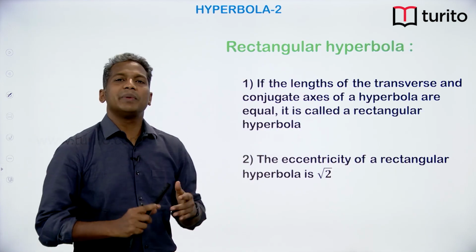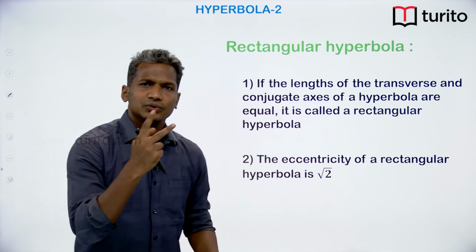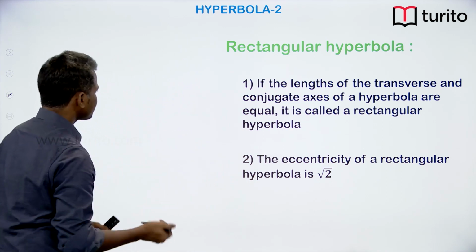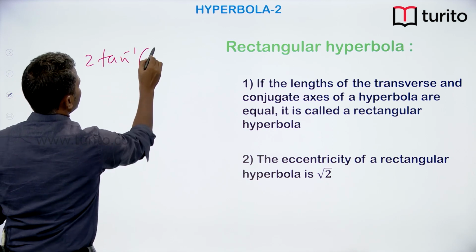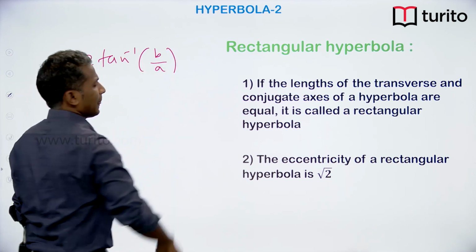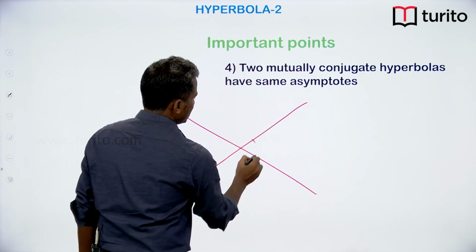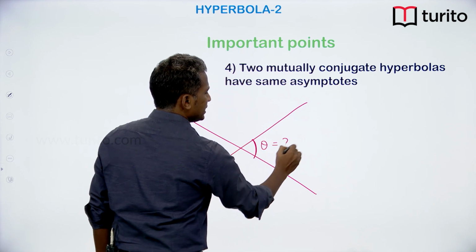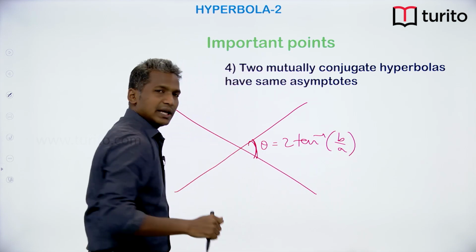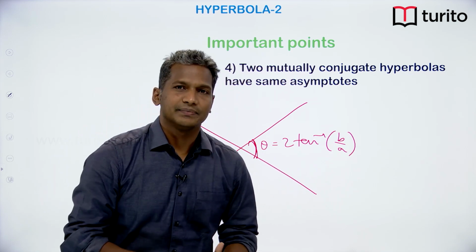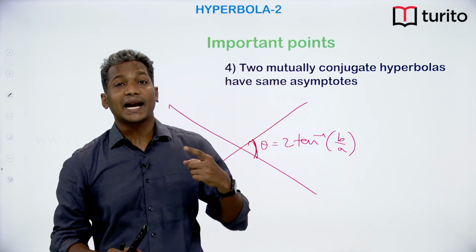rectangular hyperbola. What are the basics of rectangular hyperbola? We have learned that the angle between the two asymptotes of the hyperbola is given as 2 into tan inverse B by A. Now, suppose let us say I have taken these two as the asymptotes. Now, the angle between asymptotes is basically 2 into tan inverse B by A. If this angle is 90 degrees, that means we can say that the two asymptotes are at right angles.